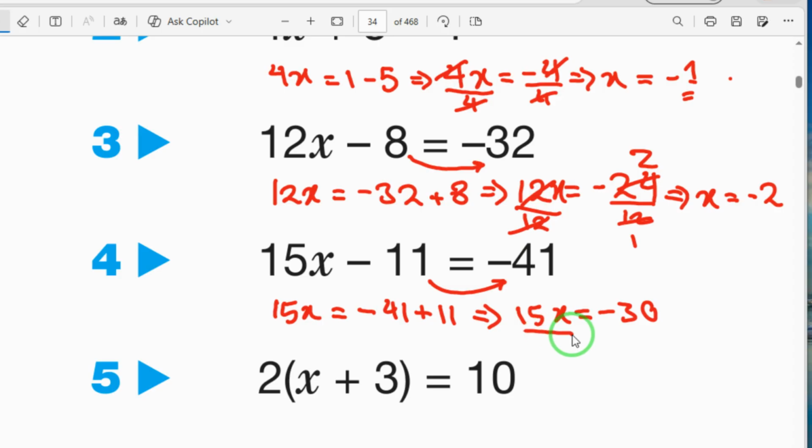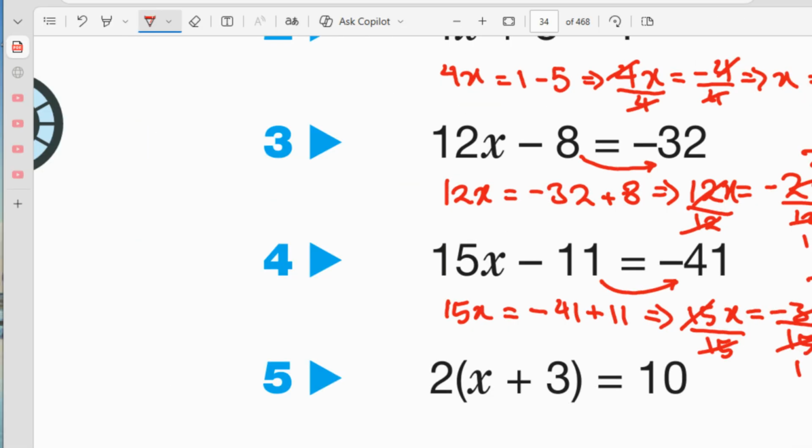We divide both sides of the equation by 15. The coefficient of x is 15 as well. We divide the right side. Here we simplify, only x remains, equal to negative divided by positive gives us negative. 1 times 15 is 15. 2 times 15 is 30. So x is equal to minus 2.